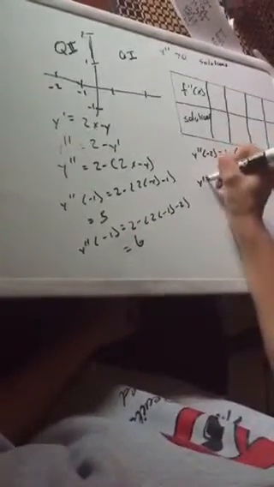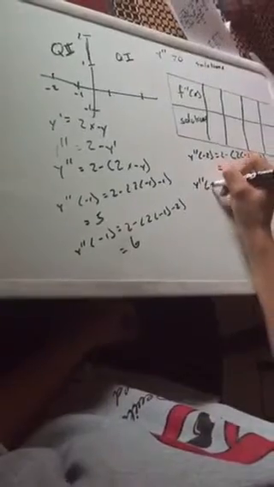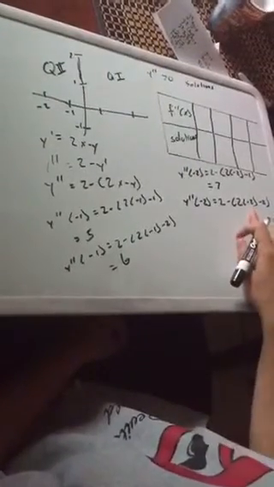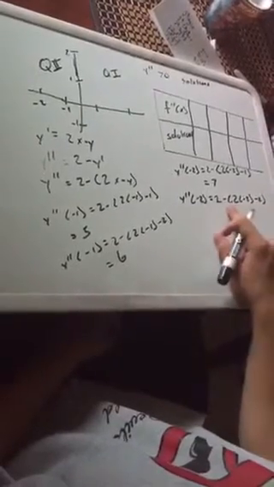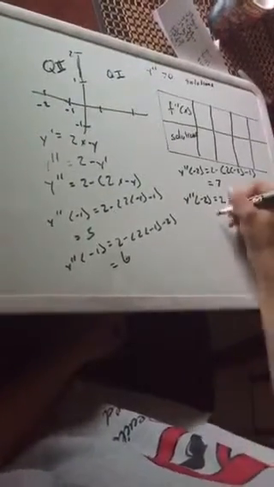And then finally we have -2 and 2: 2 minus (2 times -2 minus 2). -2 times 2 is -4, -4 minus 2 is -6, and the negative sign makes it positive 6. So 6 plus 2 is 8.